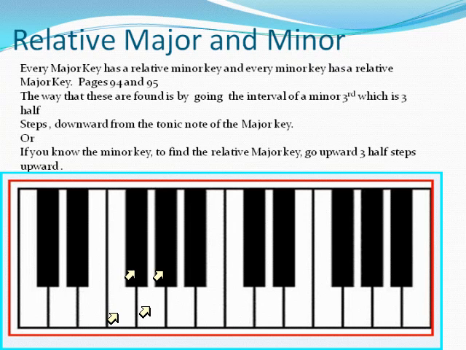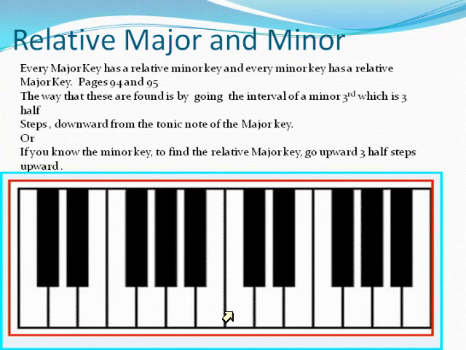We started off with F major. I'm sorry, I said it wrong. I'm confusing you probably. It's F minor. F minor, 3 half steps up, A flat major. So A flat major is the relative major of F minor.